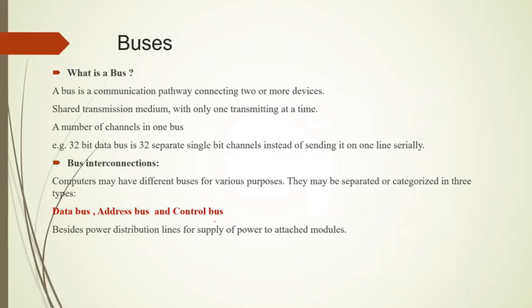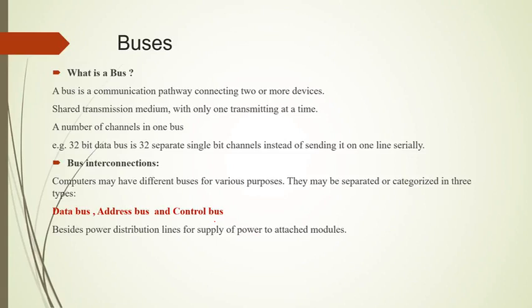The number of channels in the bus is important. We ask, what is the width of the bus? That means how many channels are available. It indicates how many bits of data can be sent at once.